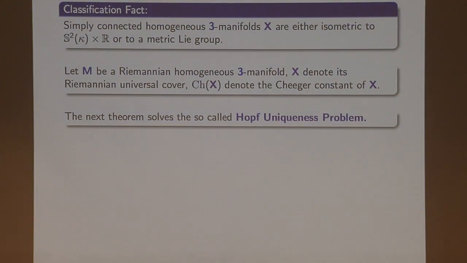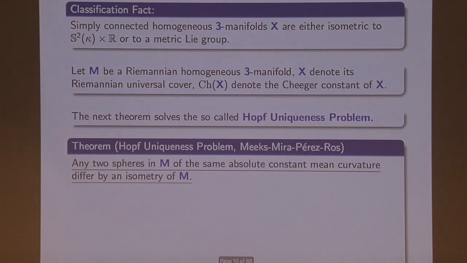Okay, so this next theorem completely characterizes constant mean curvature spheres in homogeneous manifolds in general. So I should say one more thing up here. M is going to be a homogeneous Riemannian three-manifold, and X is going to denote its universal cover. So right, you see a purple X, that's the universal cover of your general homogeneous manifold.